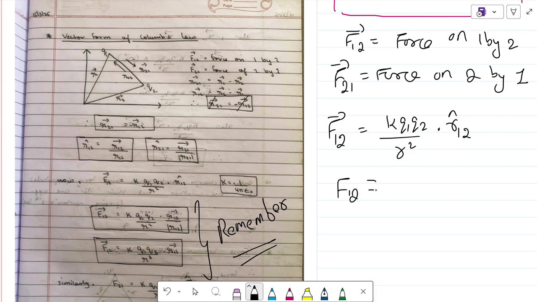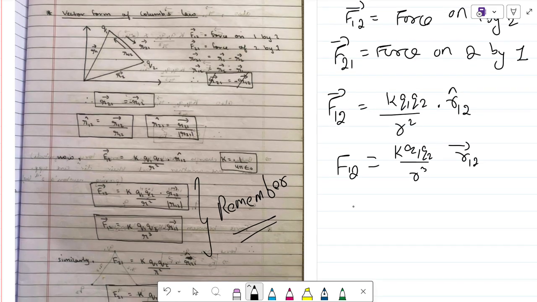If you are using the displacement vector itself and not its unit vector, there should be a cube in the denominator to maintain the unit of Newton.